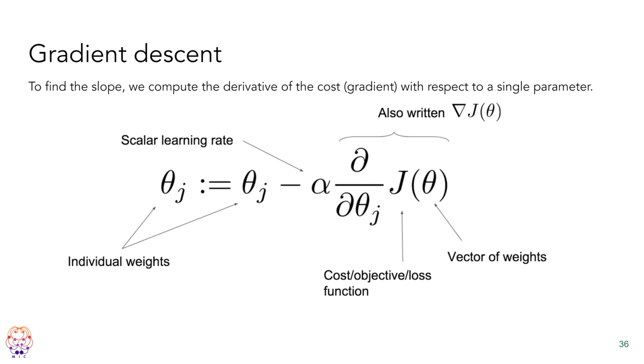We compute the derivative, d theta j of the cost function J, and that will tell us what direction the error is. Once we know what direction we want to go, we adjust our parameter by a small scalar times this derivative. The intuition is that on a gradient, you're taking a small step towards the local minima.